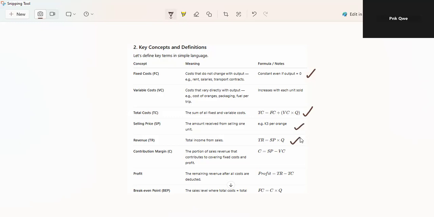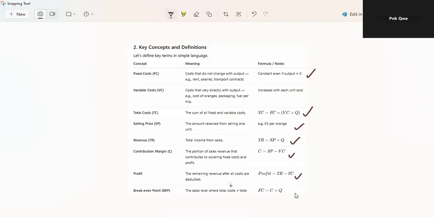The contribution is simply the portion of the sales that contribute to covering the fixed costs. So contribution is simply selling price minus variable cost. And the profit is simply the remaining revenue after all costs are deducted. So profit is simply total revenue minus total cost.